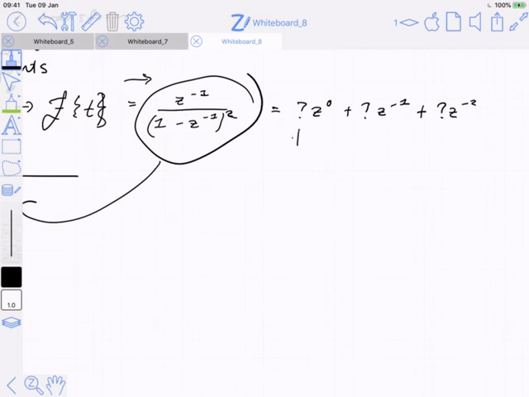And each one of these things is the function at the sampling intervals. So just expanding that fraction out using a normal Taylor series expansion gives you the coefficients of the infinite series.